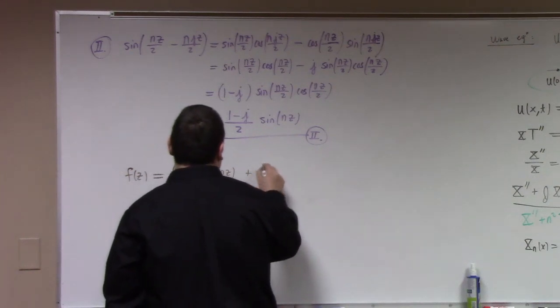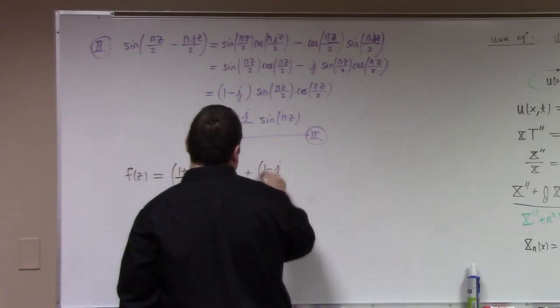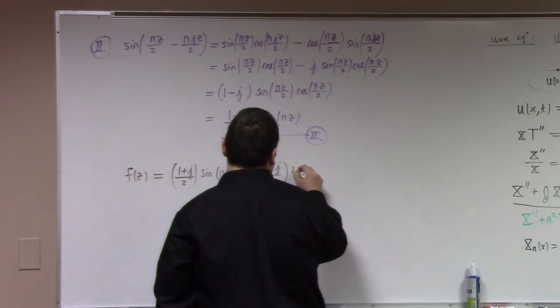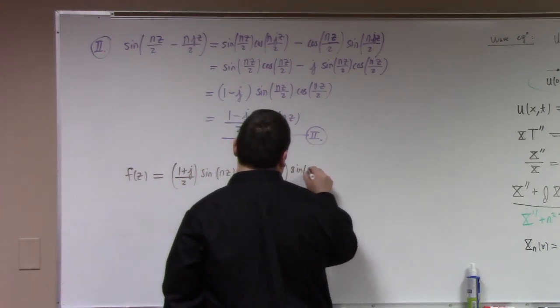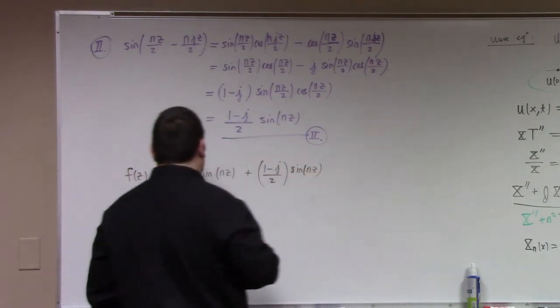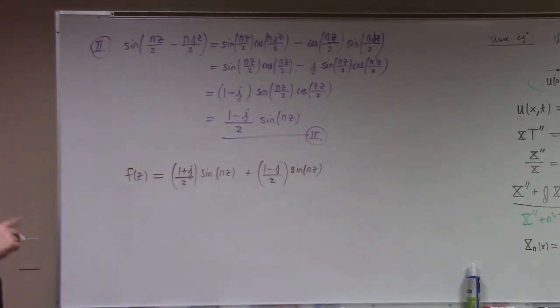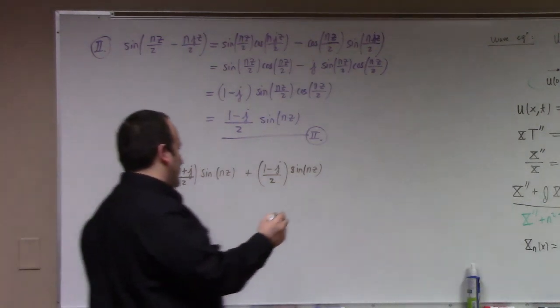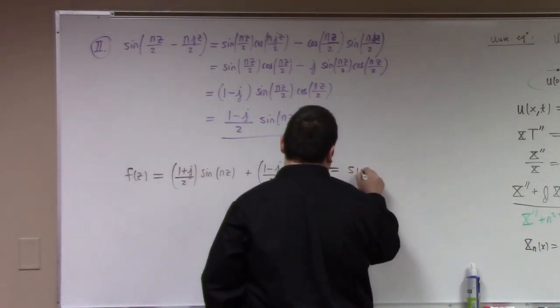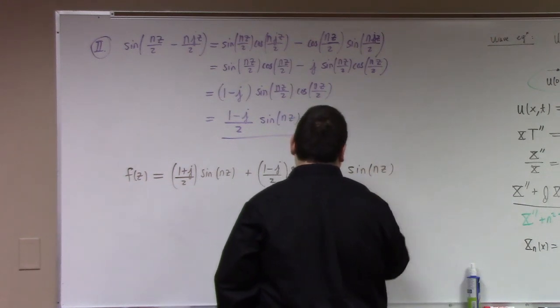That is really something. So apparently, Cooper, you can improve on my formula. Because what did you say happens when I add these? The j's cancel, we're just left with sine of nz.